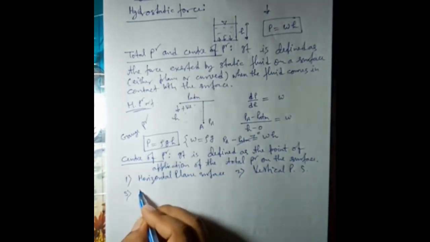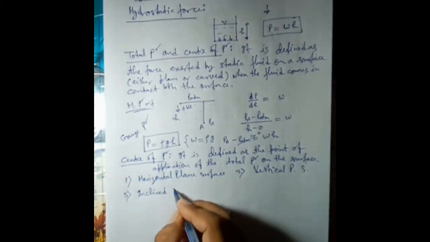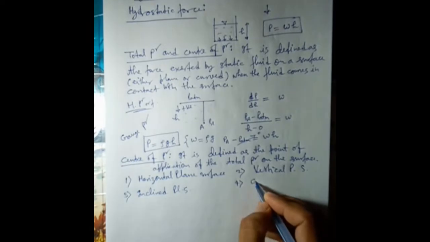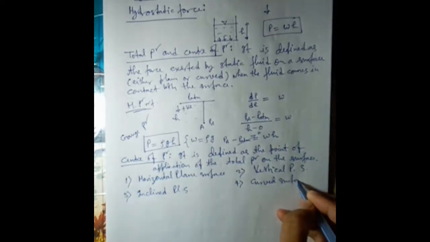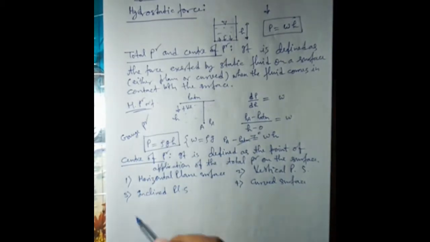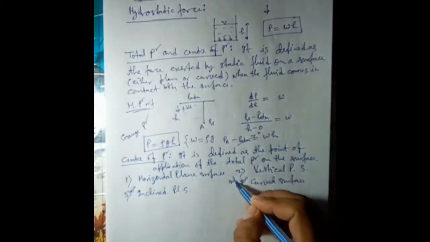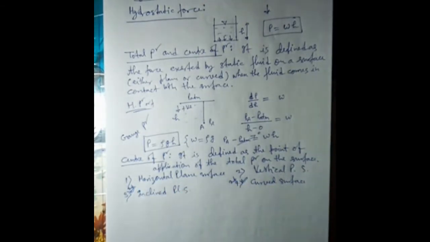Third, inclined plane surface, and fourth, curved surface. Very important: inclined surface and curved surface are both very important, similar to the horizontal plane as well as the vertical plane surface.